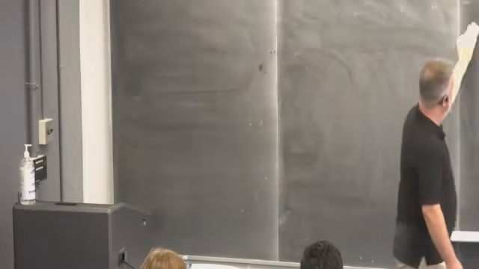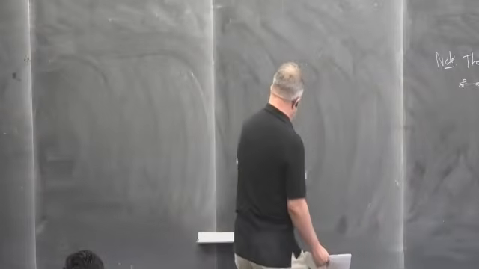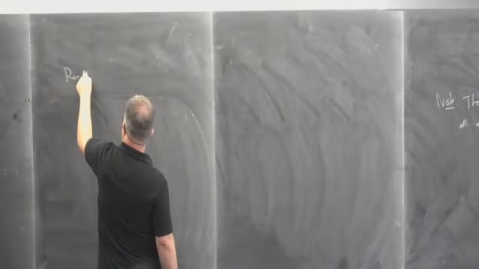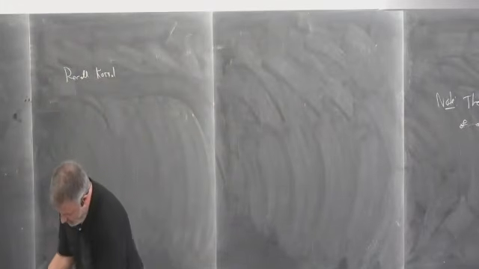All right. Let me give you one more formula. So I'm going to recall the Koszul formula, which I can't recall, so I have to look at it again. There you go.